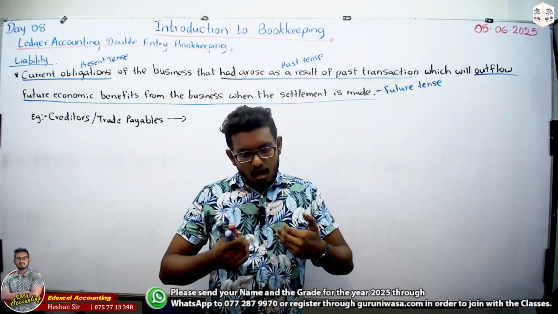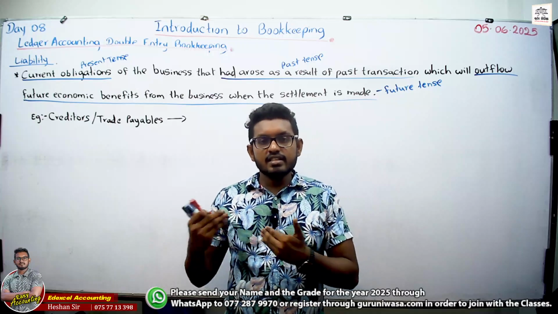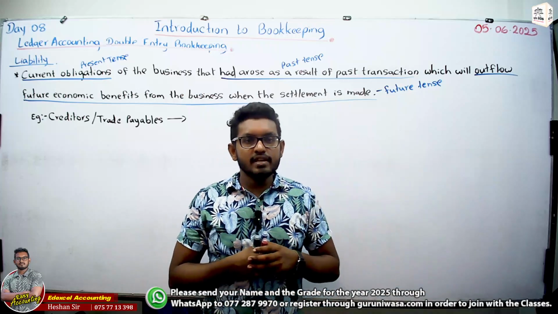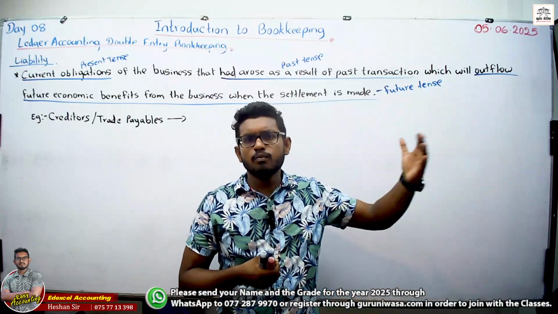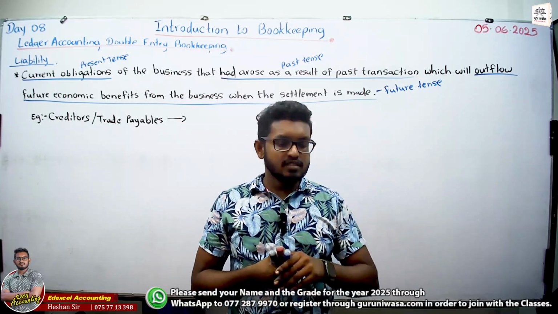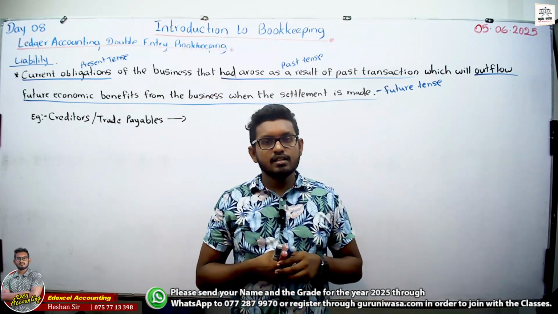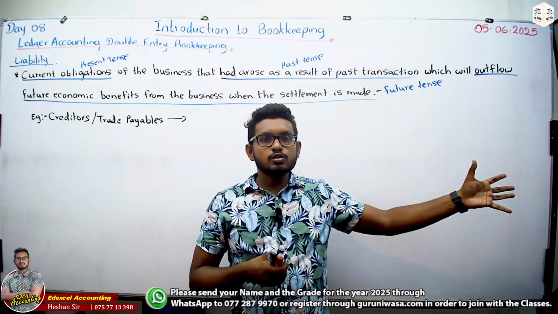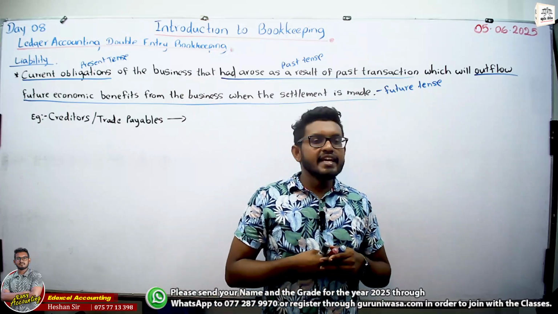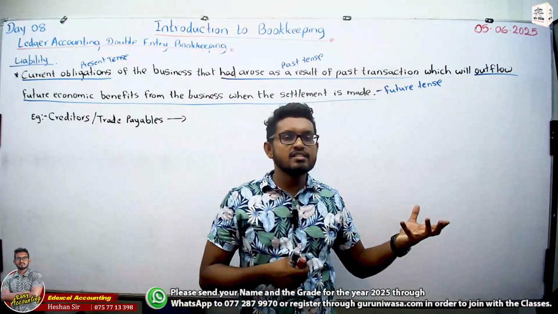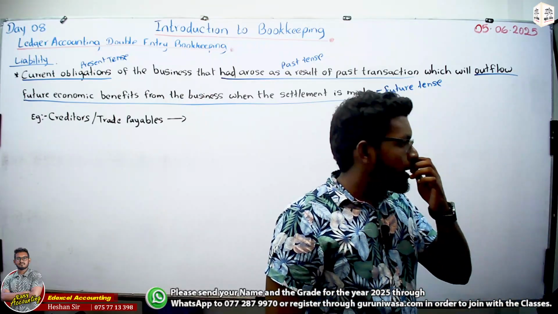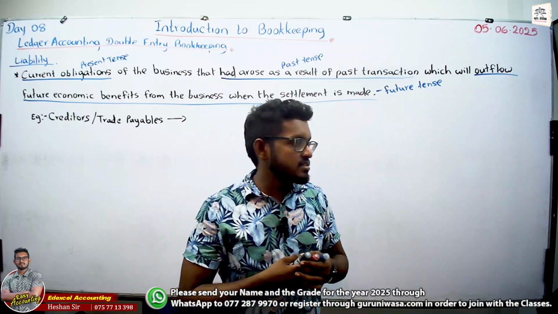Now think, our business is engaged in purchasing and selling mangoes. When we purchase mangoes on credit basis from another person, credit basis means we are not paying cash at the time of the transaction, we are settling later. So till we pay back to the other person who supplied mangoes on credit basis to our business, we identify that person or the business as a liability. We call that liability trade payable or the creditors. Clear to you?